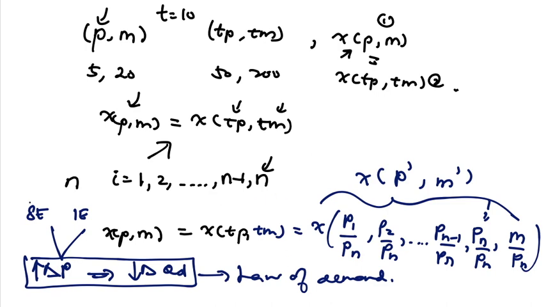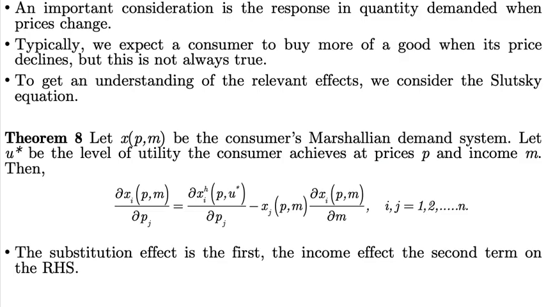So these relevant effects can be analyzed in an even more detailed way when we consider one kind of equation. We call it the Slutsky equation. So what does it mean by Slutsky equation here? It can be explained by theorem 8. Let's say the Marshallian demand function acts as a function of prices and income.